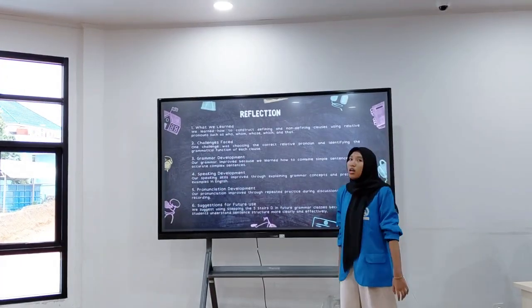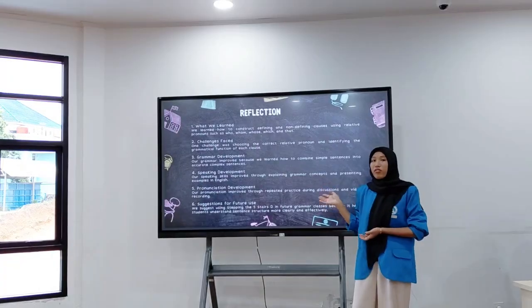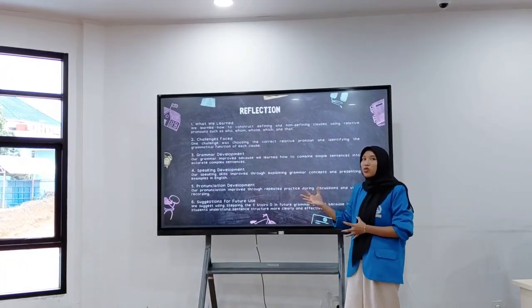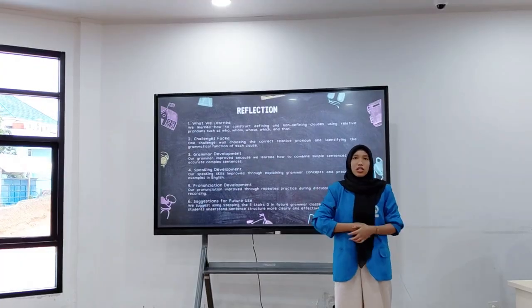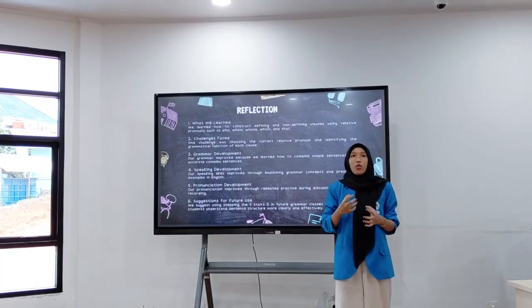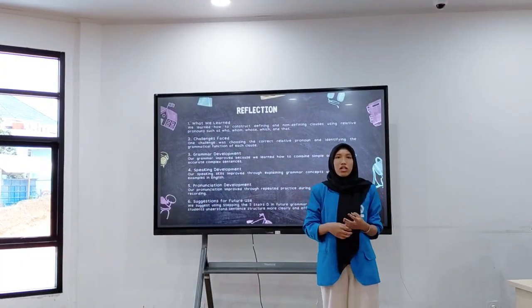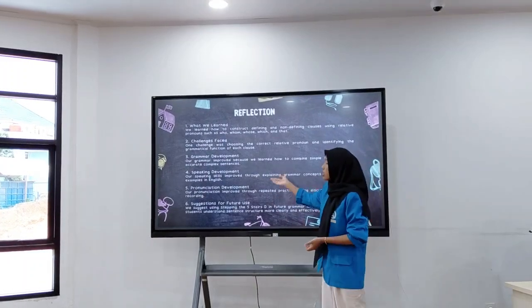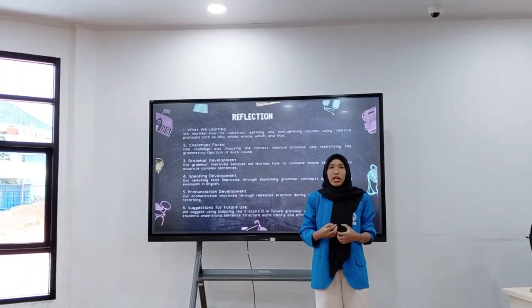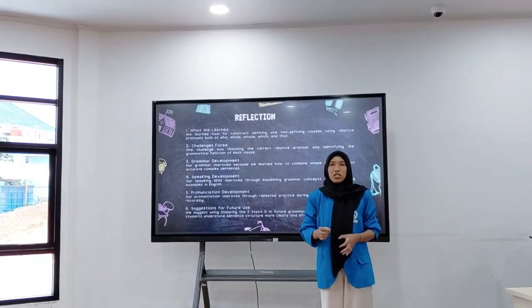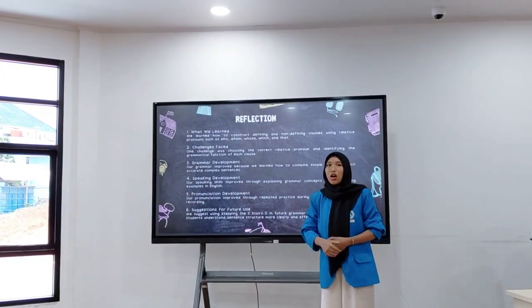Next, and finally, this is our reflection. First, we learned how to make defining and non-defining clauses. Second, our challenge was choosing the right relative pronoun. Third, our grammar improved because we can combine simple sentences into complex sentences.